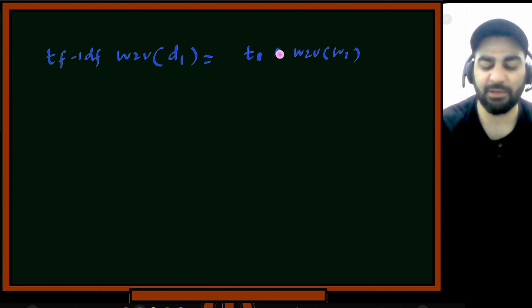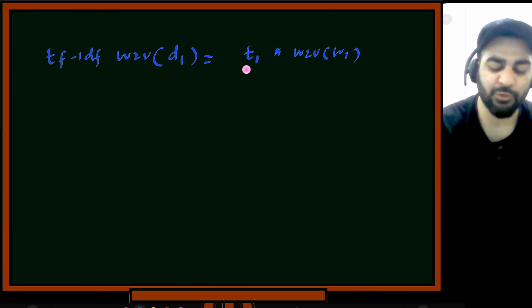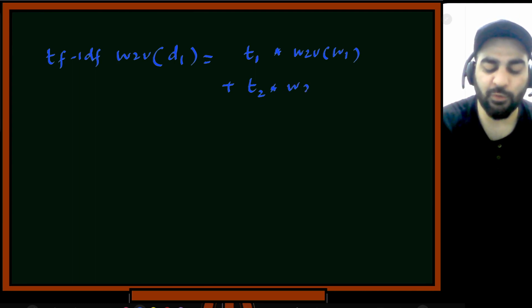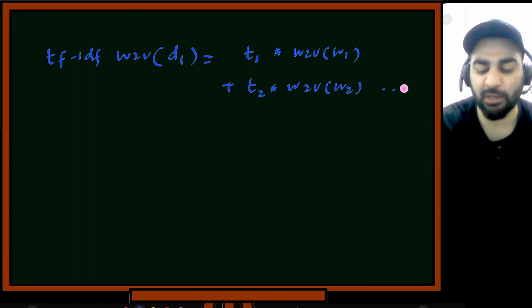This can be thought of as TF-IDF of word 1. So you will take TF-IDF of word 1 corresponding to review 1, multiply it with Word2Vec of word 1, then plus term frequency inverse document frequency of word 2 multiplied by Word2Vec of word 2, and you'll keep on going like this.